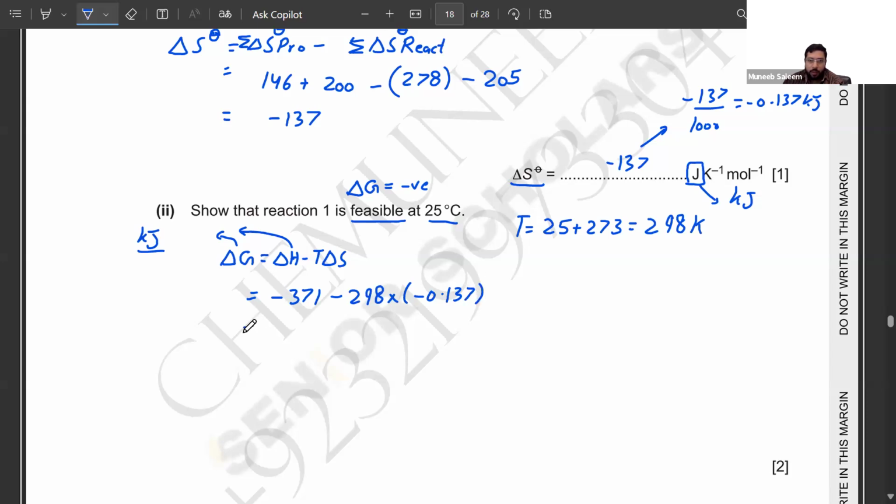When you compute this value, the answer comes out to be minus 330 kilojoule per mole. You can see that the negative sign is there. That indicates that it is a feasible reaction, because the value of delta G is negative.